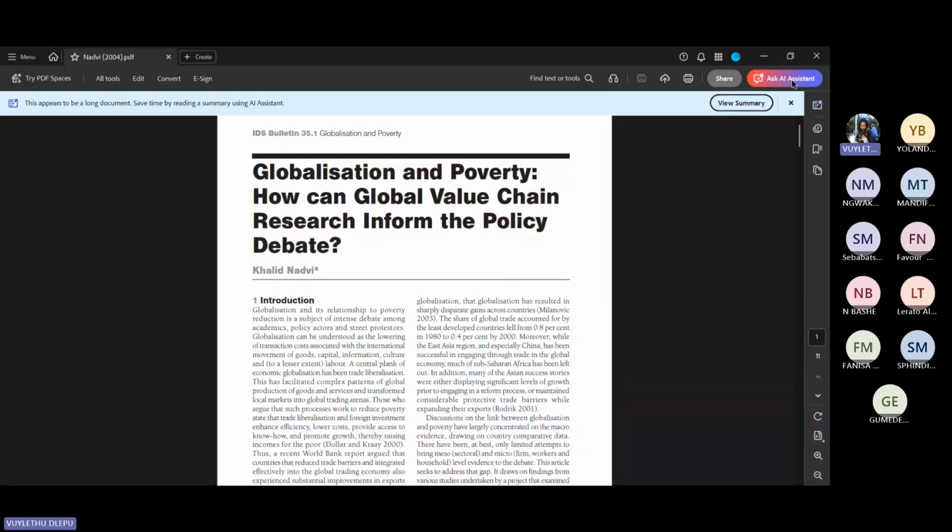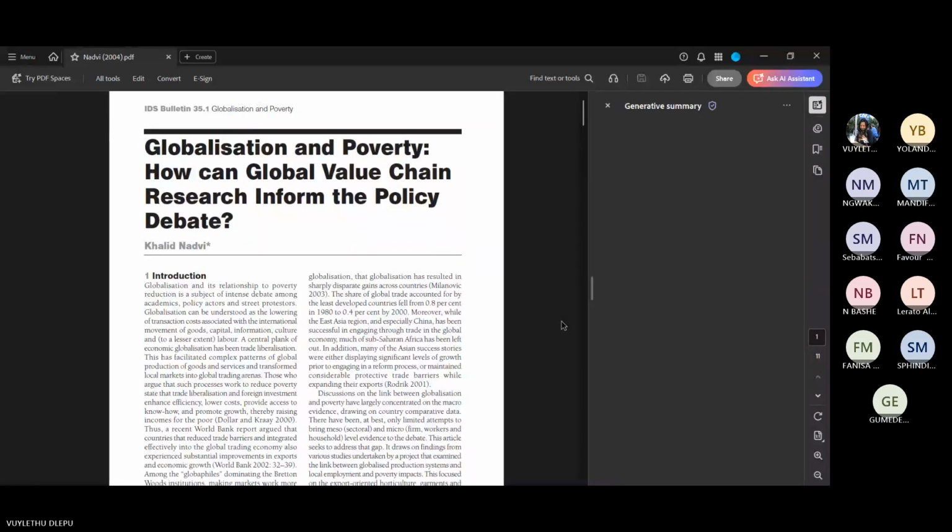So here, let's see the summary of this article. Let's just go through this summary together. Globalization and poverty: how can global value chain research inform the policy debate?